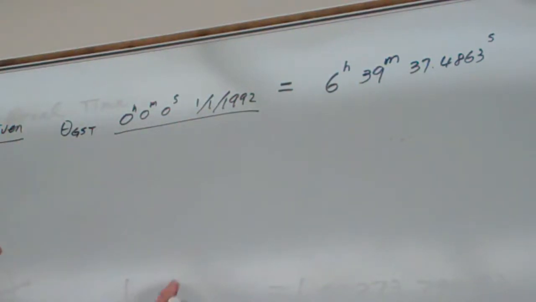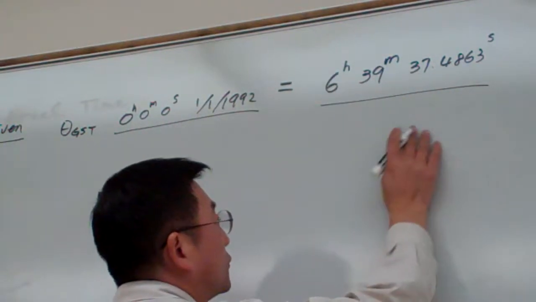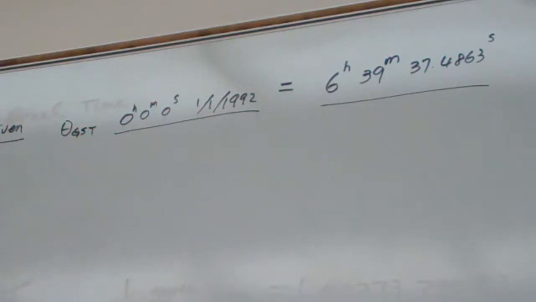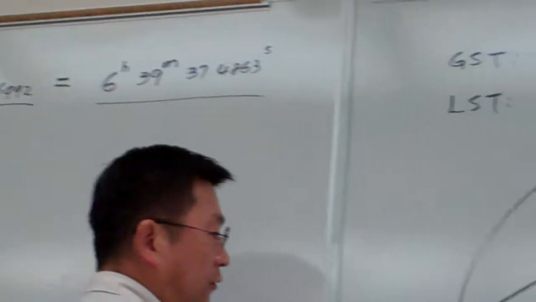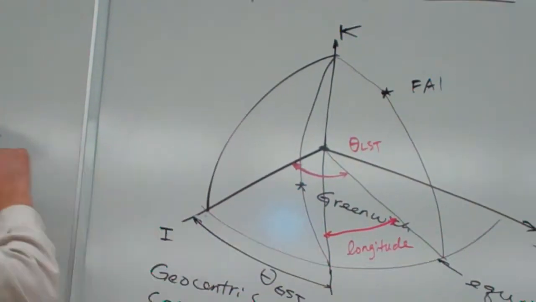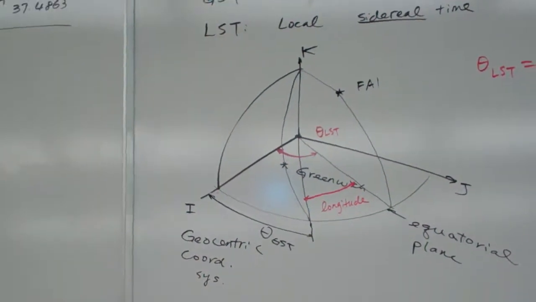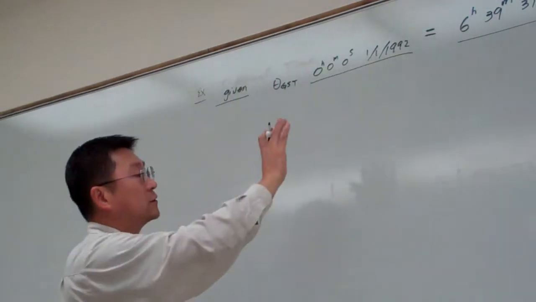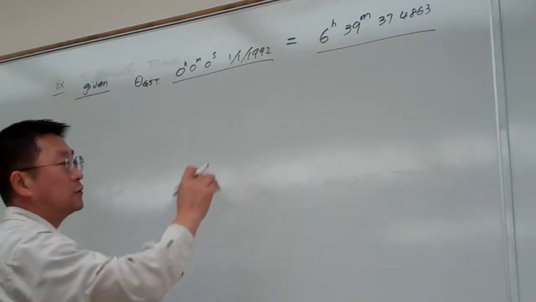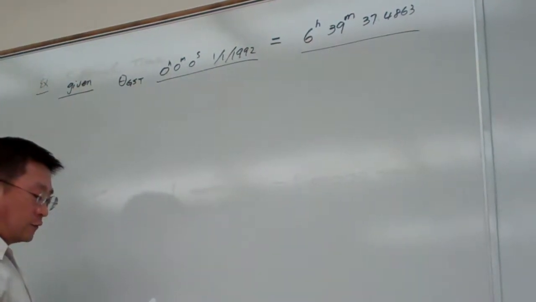And this number indicates you convert it into an angle. If you convert this into angle, that tells you what this angle is at that specific moment. Okay? So that's the meaning. And here I'm mixing two different formats, the same format for different things.